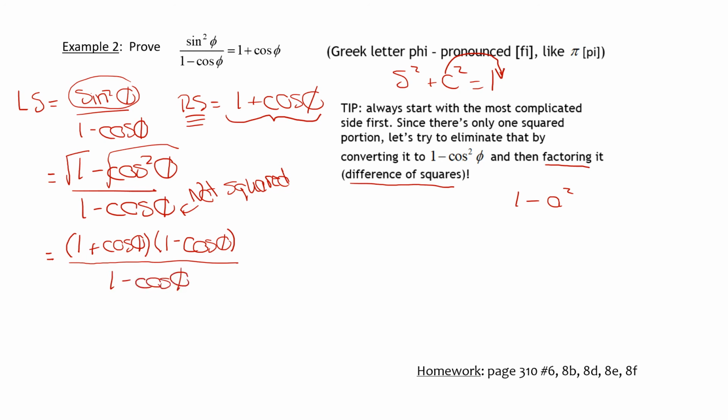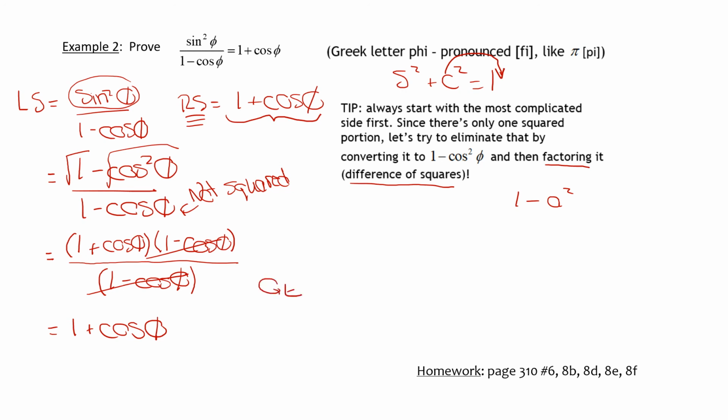I'll put brackets around it to remind myself this is a binomial. Hopefully you see something that we can do here. And if you do see that, look over to your right side and you'll see that we're done. We really solved it. These binomials are exactly the same as each other. They cancel out. I'm left with 1 plus cos phi, which is exactly my right side.